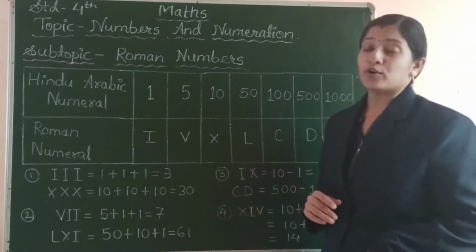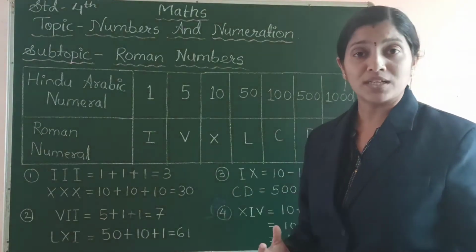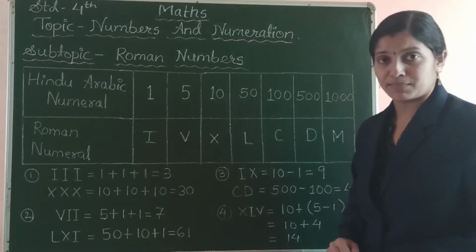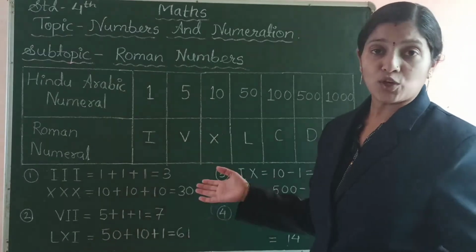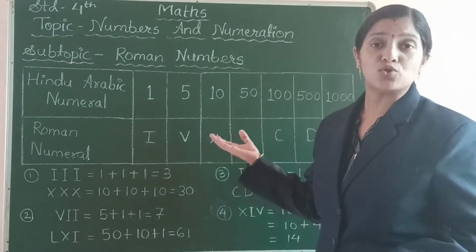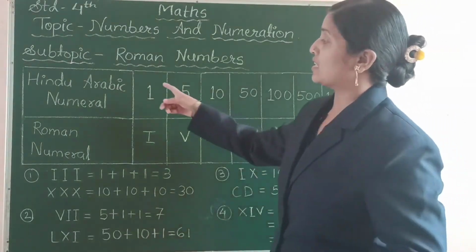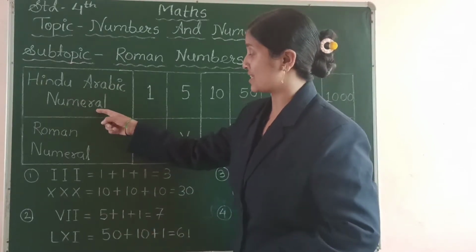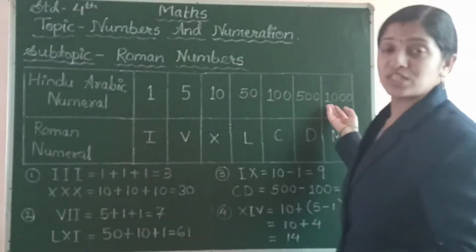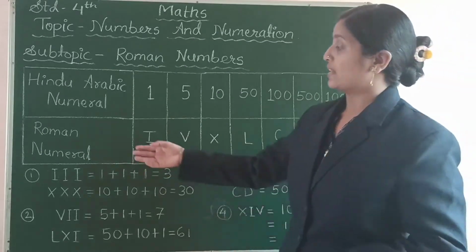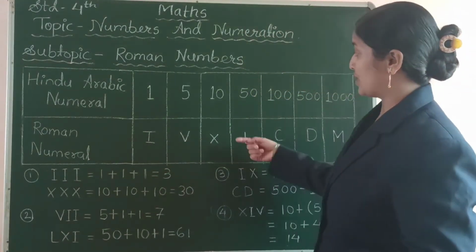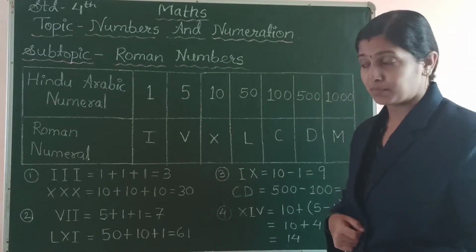Now we are going to see how to form the Roman numbers by using these 7 English alphabets. First I will make you know which alphabet denotes which number. You can see here I have made 2 columns. This is Hindu-Arabic numerals, that is the numbers which we use in our regular studies, and the next is Roman numerals, that is the numbers which denote the Hindu-Arabic numbers.